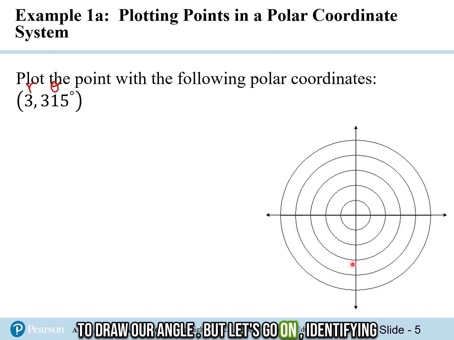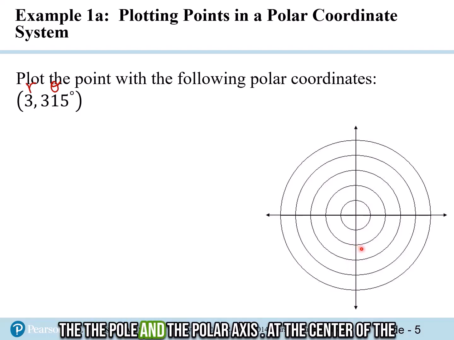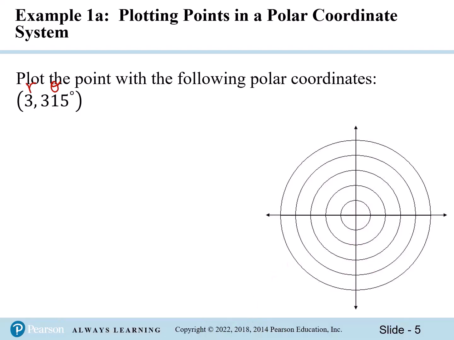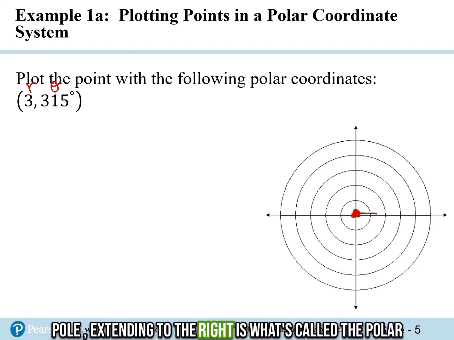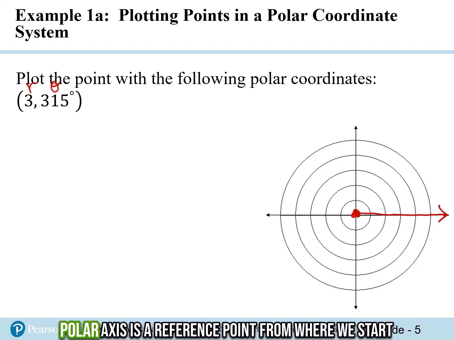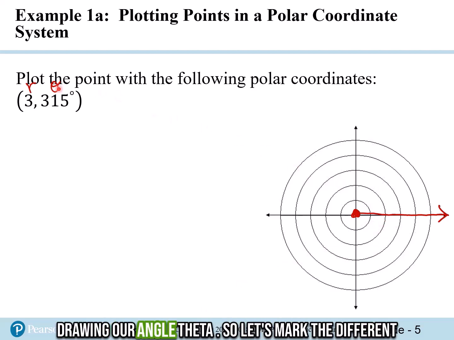But let's go on identifying the pole and the polar axis. At the center of the circles will be the pole, which is just a point, and then from the pole extending to the right is what's called the polar axis. Now, the polar axis is a reference point from where we start drawing our angle theta.